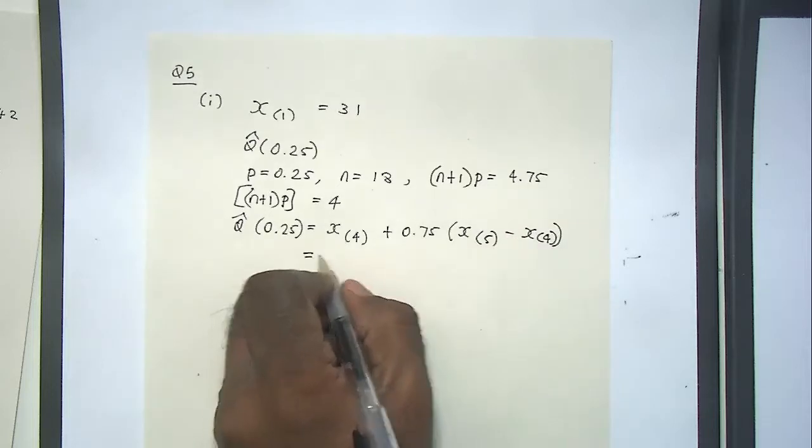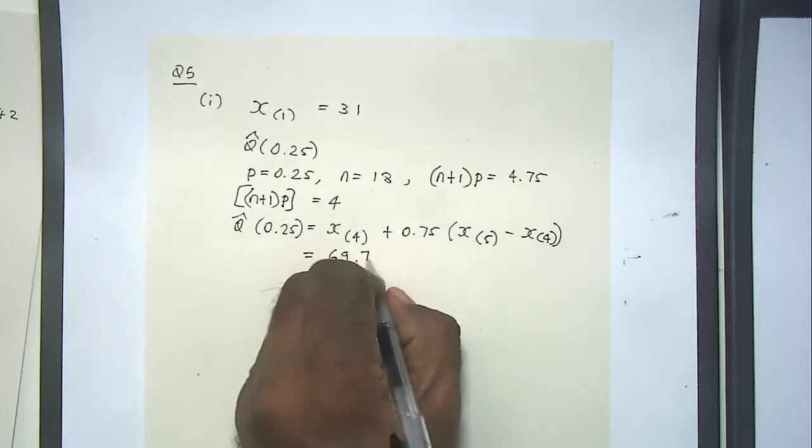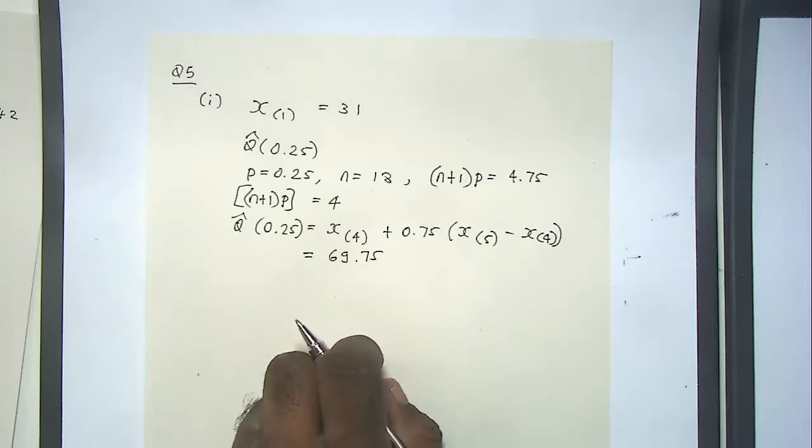If you work this out, you will get 69.75. Is that what you got?